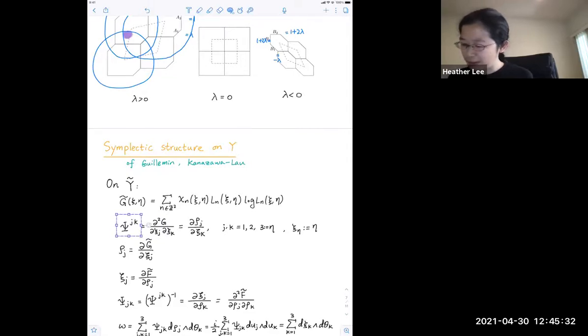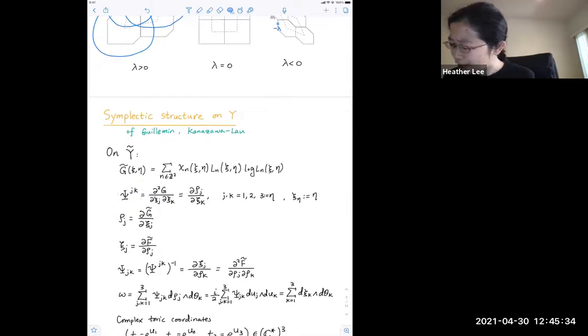this function we call psi jk. So there's a lot of notation. I decided to define C3 to be eta. So the C has coordinates C1, C2, and then the third component of the moment map coordinate, we decided to call it eta because it's a little different from C1, C2, the vertical component.